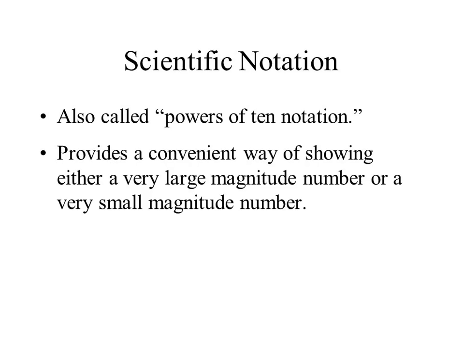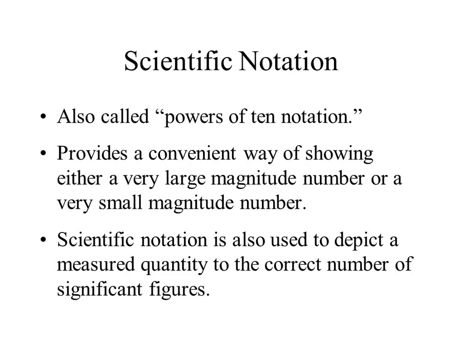The other thing it's great for, and we'll talk more about this next week, is an important aspect of rounding a number. It's called rounding, usually according to significant figures.